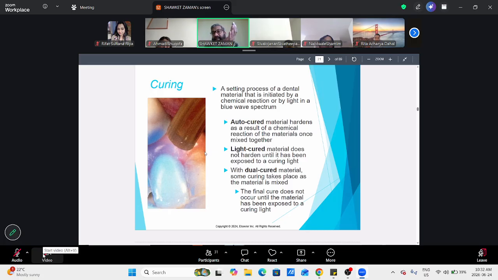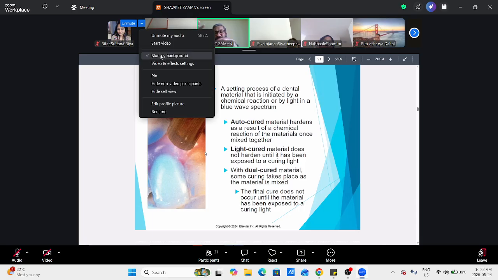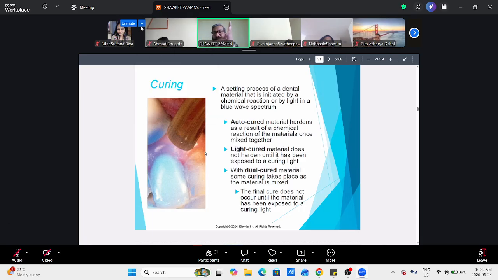You mix the materials, which come as powder and liquid, together following the manufacturer's instructions. After mixing, the materials become very soft. When we put them in the patient's mouth, we want them soft so that they can flow easily on the surface. Once it flows easily on the surfaces, then immediately we want the material to become very hard.